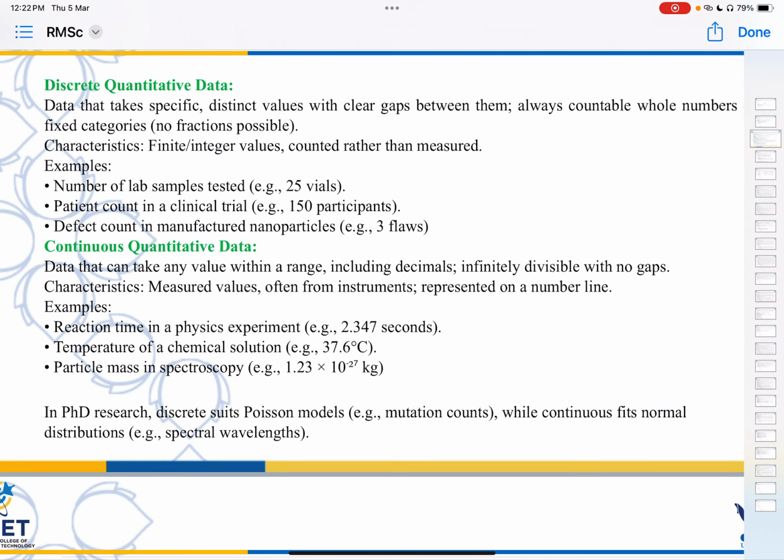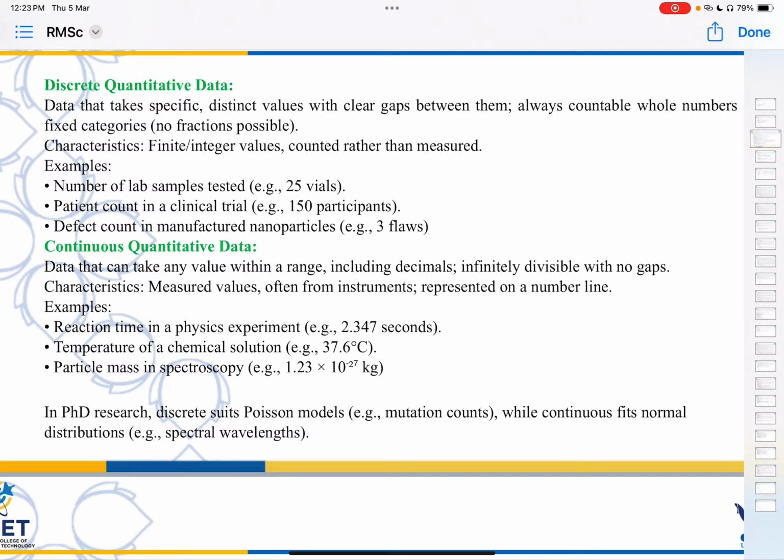There are certain kinds of data which are not whole numbers, but lie in some range, on a scale. Data that can take any value within some range, including decimals, means there is no gap. This kind of data is known as continuous quantitative data.